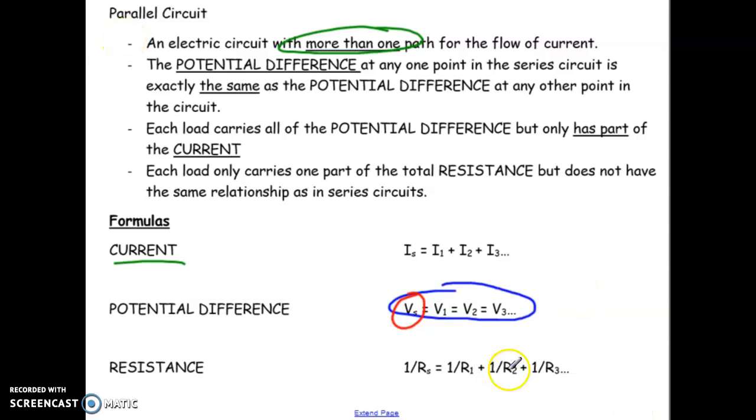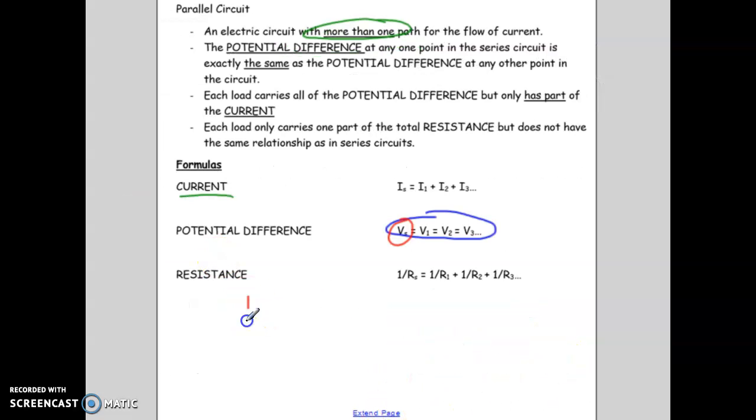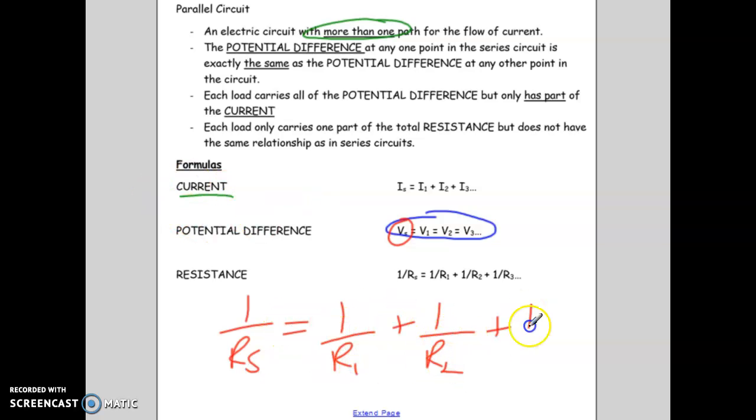Now, resistance is a little bit more difficult to understand. It depends on how many loads we have. So the resistance in a parallel circuit is not the same as series whatsoever. Series is where they just simply add up, similar to how current is here.